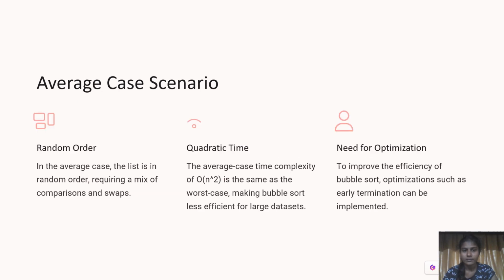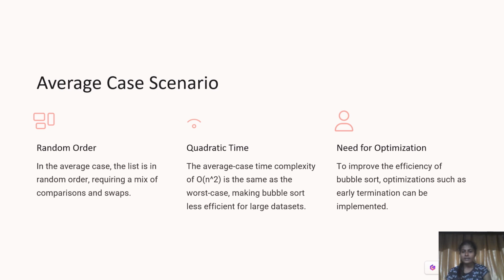Average case scenarios. There are three types of average case scenarios. They are the random order, quadratic time, and need for optimization. Random order specifies that in the average case, the list is in random order, requiring a mix of comparisons and swaps.